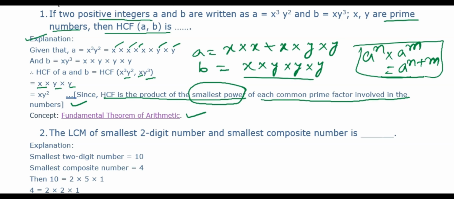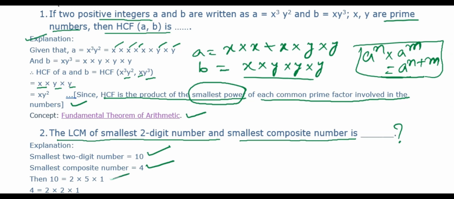The second question on your screen: the LCM of the smallest two-digit number and the smallest composite number is what? First of all, the smallest two-digit number is 10, and the smallest composite number is 4.